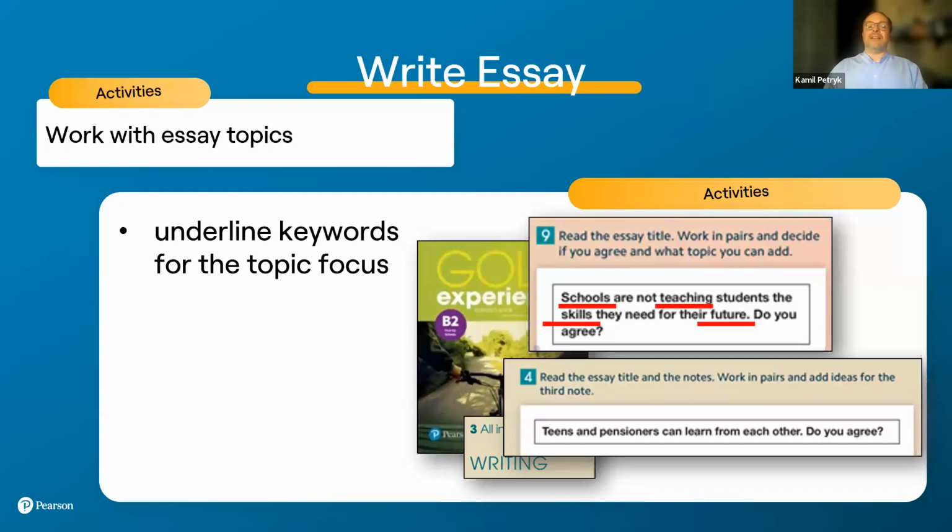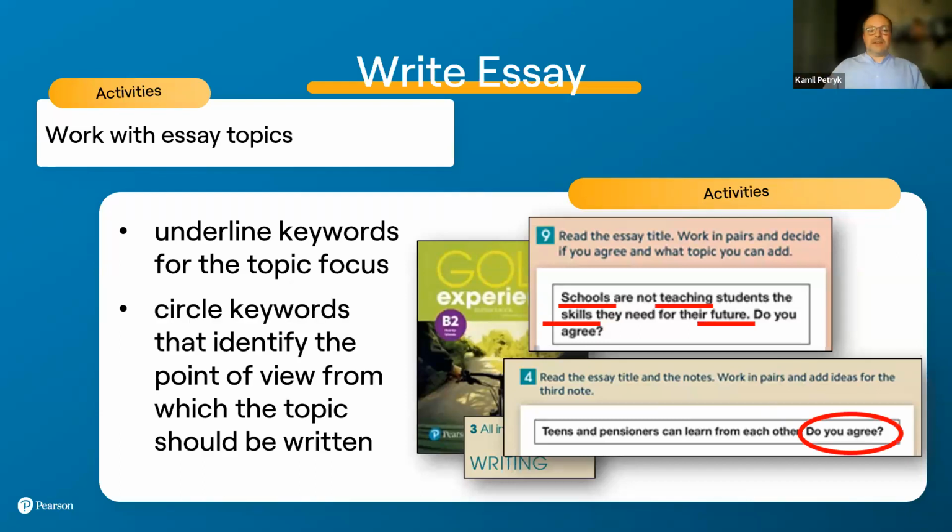Have your students underline keywords, for example, for the topic focus, and circle the keywords to identify the point of view from which the topic should be written. This way, you help them with the starting point. You help them to start the journey of writing the essay in a good, correct way.